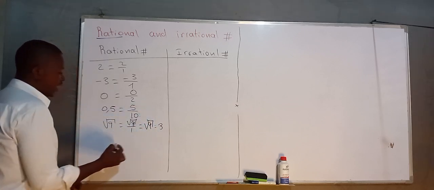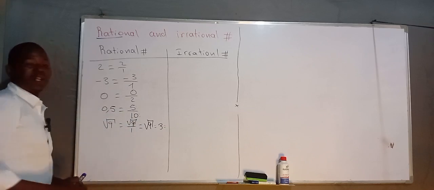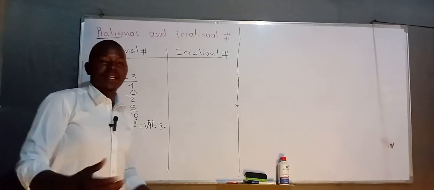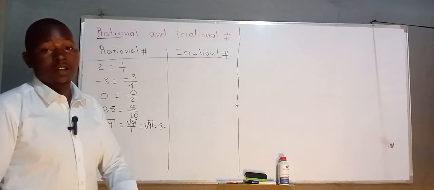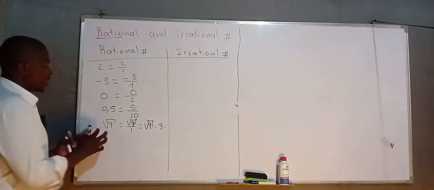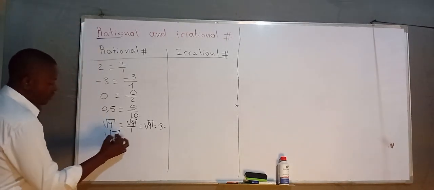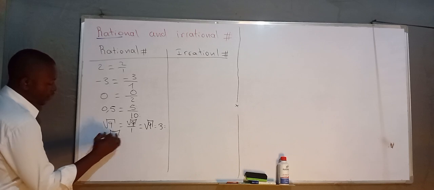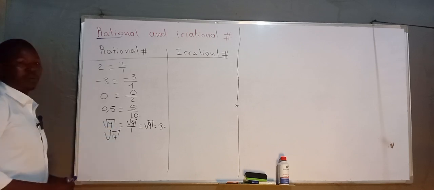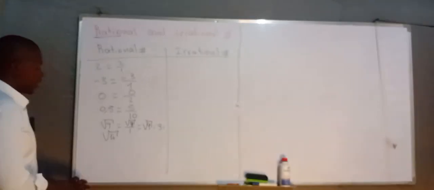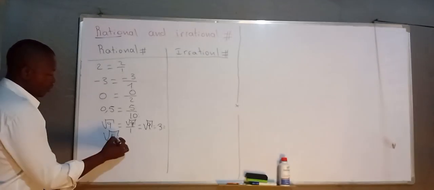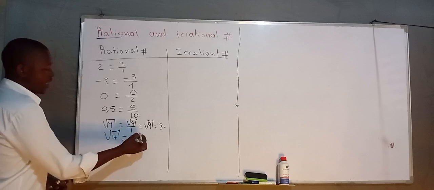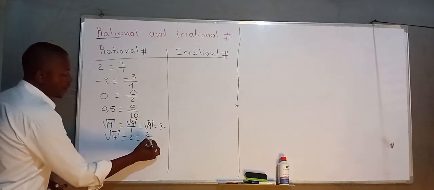And 3 can be written as 3 over 1. These are perfect square numbers, like the square root of 4, which gives us 2, and 2 can be written as 2 over 1.